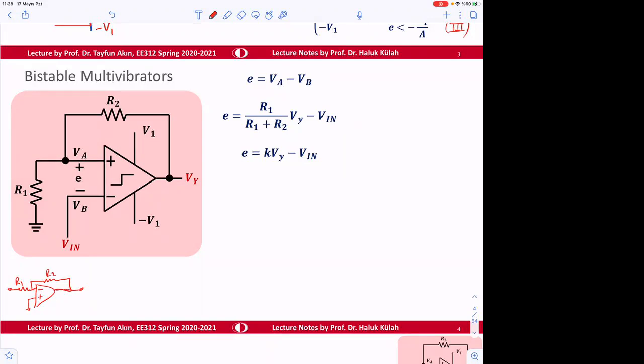However, we don't want to make an amplifier. Therefore, this side is connected to the plus side as the feedback. R2 is connected to here. This is just one type of signal that we have.